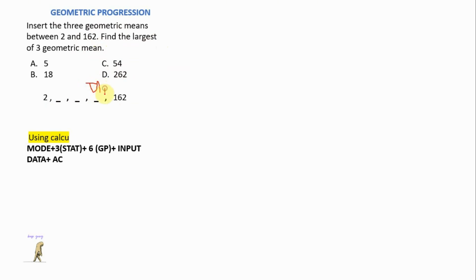A sub 4, which is in here, because we know it has a common ratio. It becomes a sub 2 times the ratio equals a sub 3, then another multiply by the ratio. So it means it has the biggest or the largest number of these three. So what we're gonna do now is get our calculator.